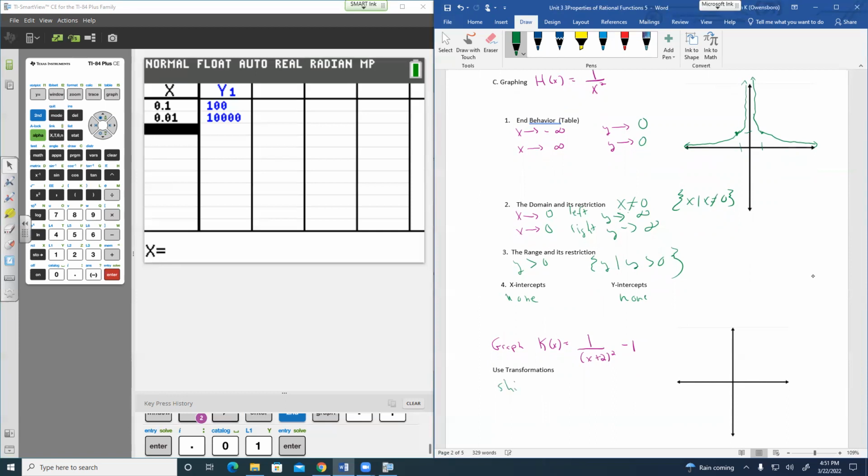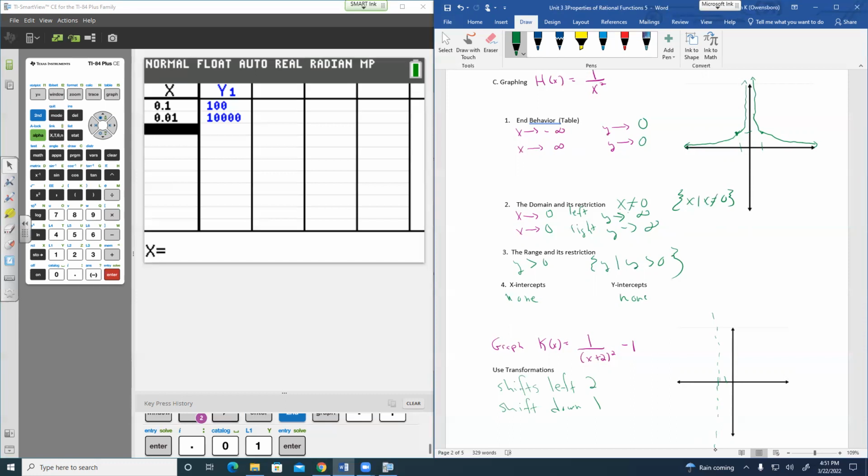This graph shifts left 2 and it shifts down 1. So notice how this boundary gets shifted over 2 to the left. So my boundary line gets shifted over 2 to the left. And a lot of times boundary lines we use dotted lines for those.